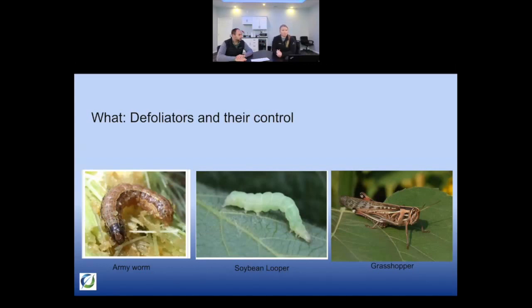Let's talk about the defoliators a little bit, the differences here. So these are the ones we want to blame, right? We see our soybean leaves getting eaten up and think, oh my goodness. If you want to reference back, I think it's actually the slide just before the direct yield loss insects.